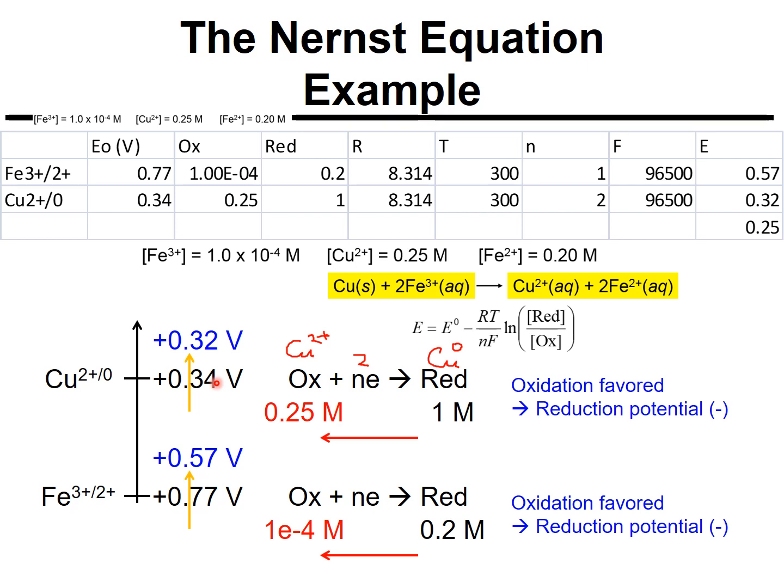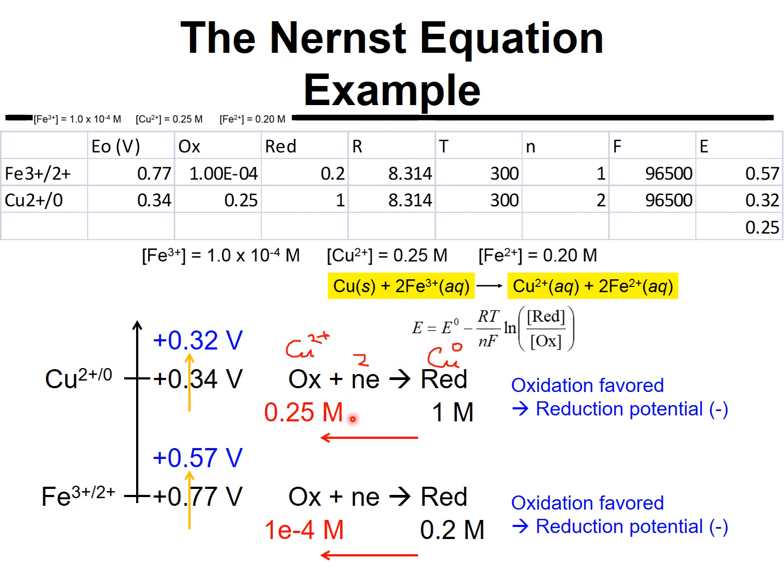The standard reduction potential is obtained at 1 molarity of reduced species and 1 molarity of oxidized species. More generally, if you have the same concentration or activity for both reduced and oxidized species, this log term goes to 0, and the reduction potential equals the standard reduction potential.